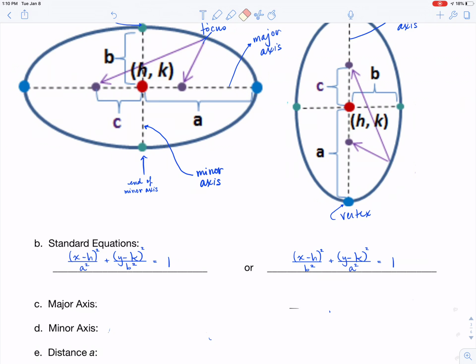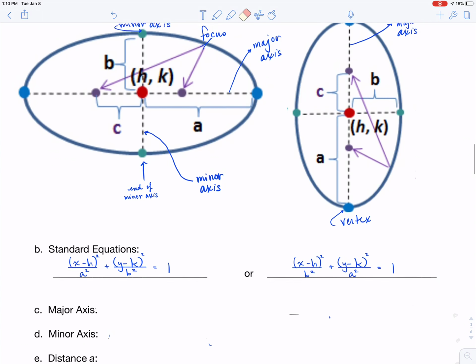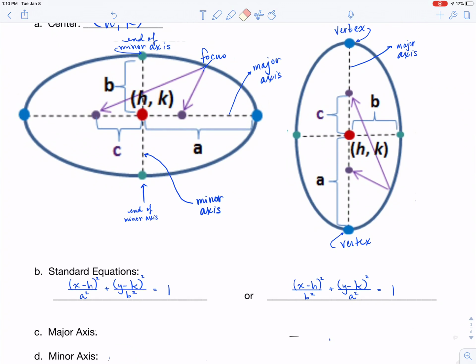So what I want to point out to you here is that the a squared is always going to be on the major axis. In our first equation, it's under the x's, and my ellipse runs along the x direction.